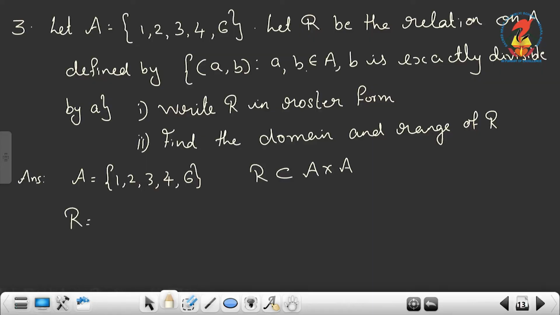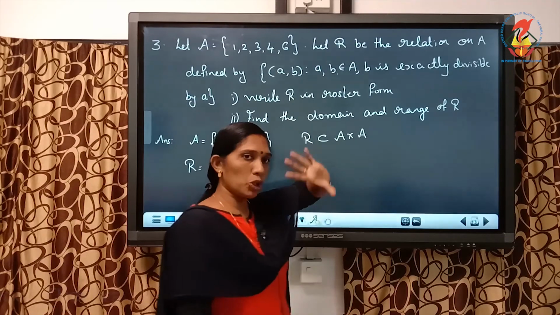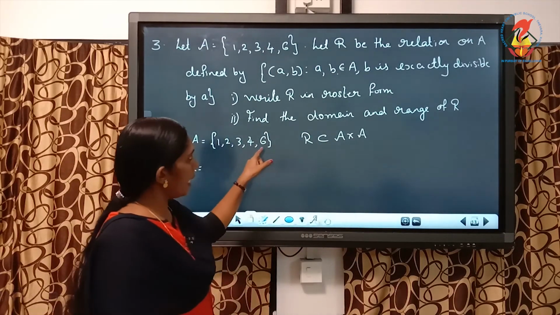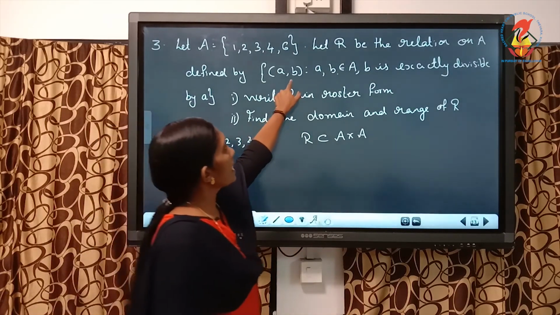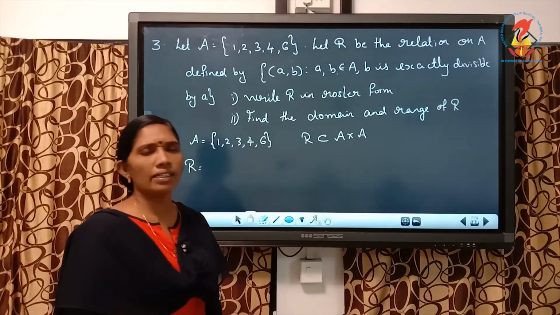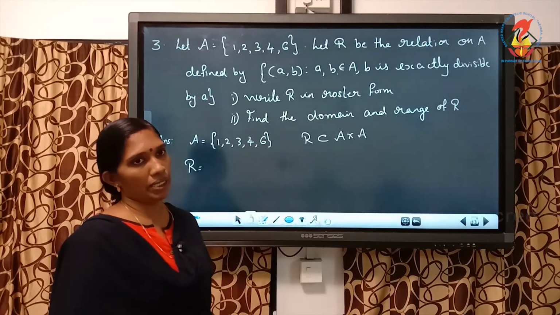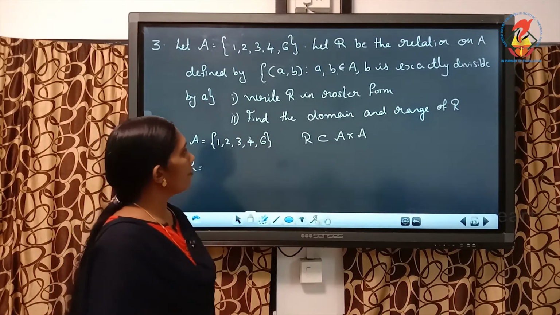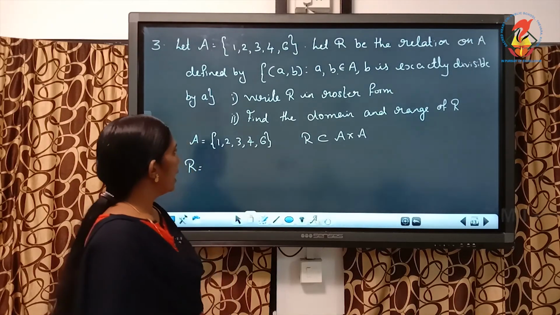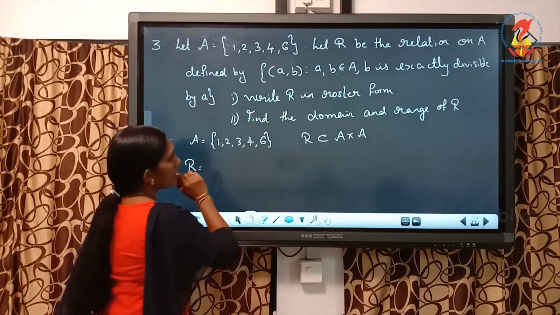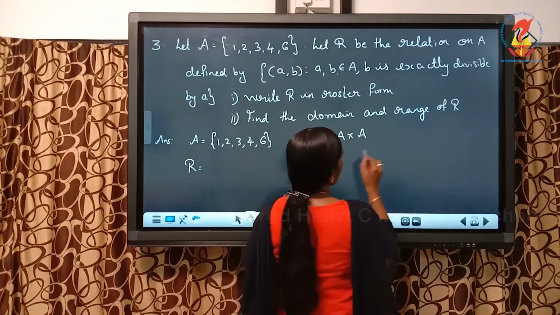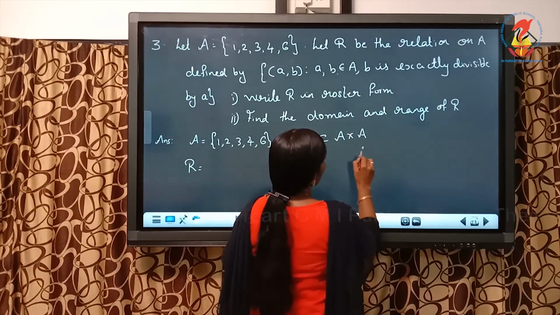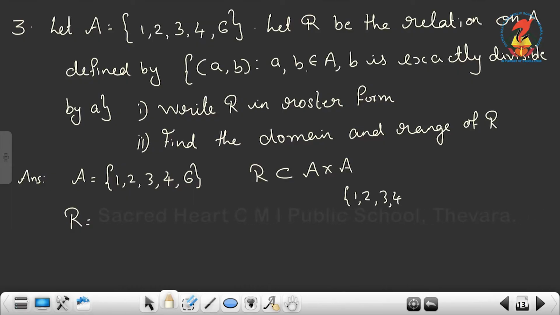So R is equal to, what is the relation? Ordered pair (a, b), both elements belong to this set A, and b, that is the second element, is exactly divisible by the first element. In that way you have to write. Children, if you write A cross A, what is A? 1, 2, 3, 4, 6.